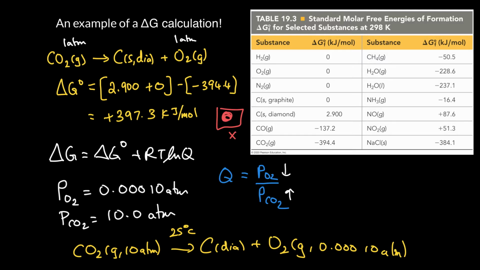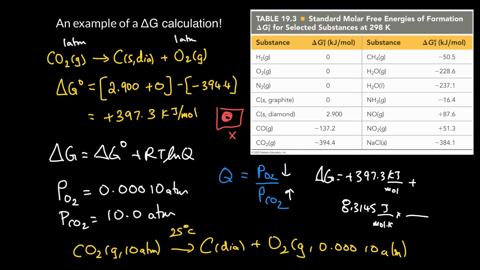All right, if you're back, let's try this. Delta G is delta G standard, so positive 397.3 kilojoules per mole, and then we add our correction term, plus RT log Q. R is 8.3145, in joules per mole Kelvin, so we have to be careful.